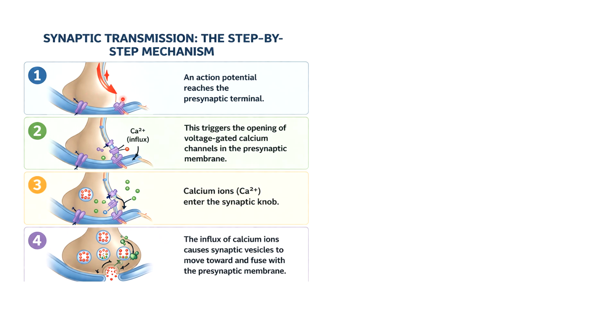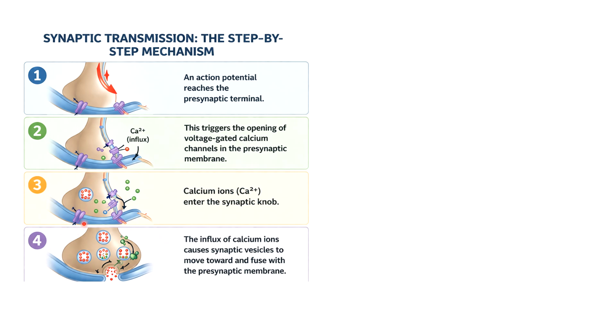What happens now is, here we have specialized voltage gated calcium channels. So as the action potential reaches here, this triggers the opening of these voltage gated calcium channels at the presynaptic membrane. The calcium ion influx will take place.